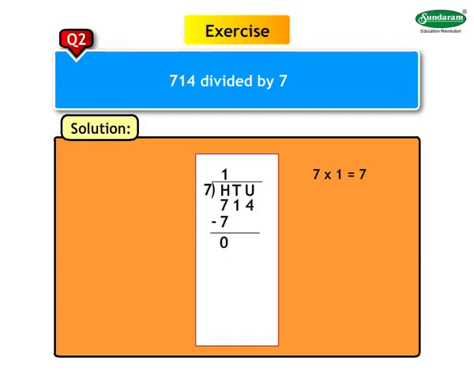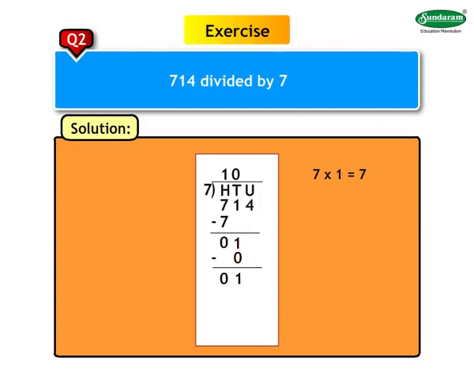Now, bring down 1 from the tens place of the dividend and write it in front of 0. That is, now we have to divide 1 by 7. As 1 is less than 7, we will write 0 in the tens place of our quotient as well as below 1. After subtracting 0 from 1, we get our remainder as 1.